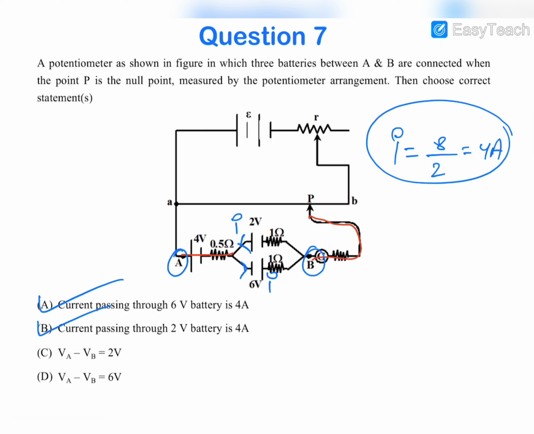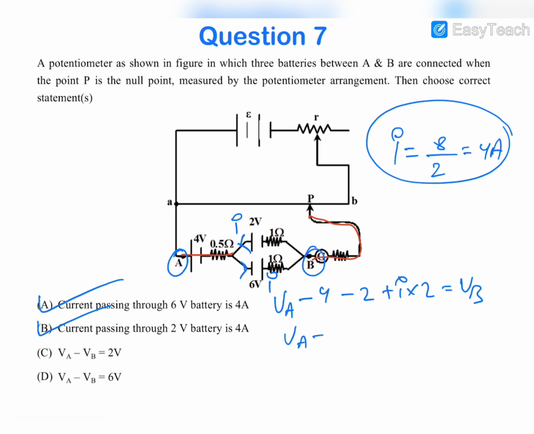So if we apply KVL in open loop, VA minus 4. Now no current is flowing through this one, so we will not consider this, and we are going from top, so it would be minus 2 and plus I into 2, because we are moving in the opposite direction of current, is equal to VB.